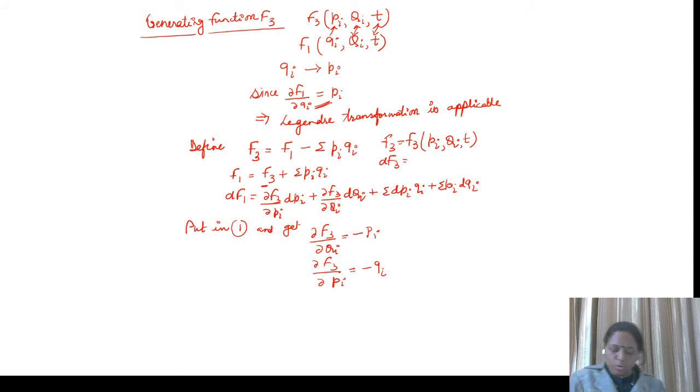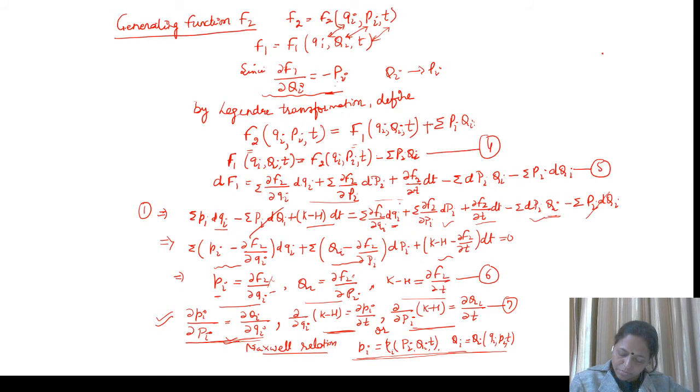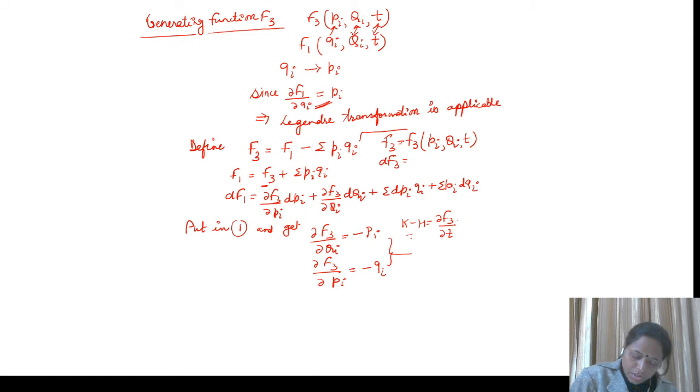These relations will be obtained and the relation for k minus h will be the same, right? If you know your f3, if you know your old Hamiltonian, you can find your new Hamiltonian k. From these relations, this is 8, and you find these relations 9, you can say 9abc.